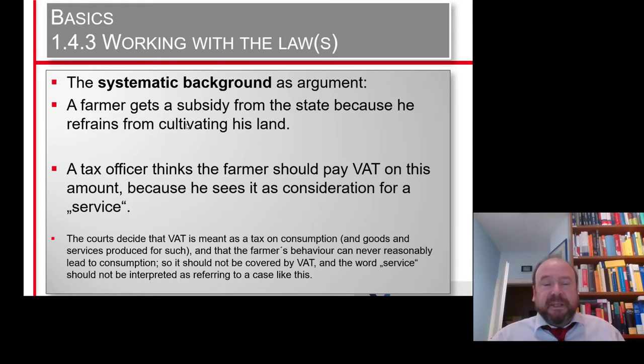Context as an argument and systematic background. Okay, that is sometimes also an argument. For example, in the field of value-added tax, there has been in history a famous case where a farmer got a subsidy from the state for doing nothing.